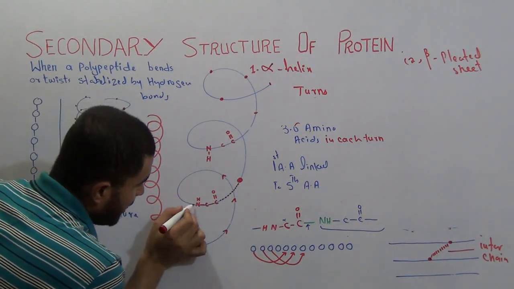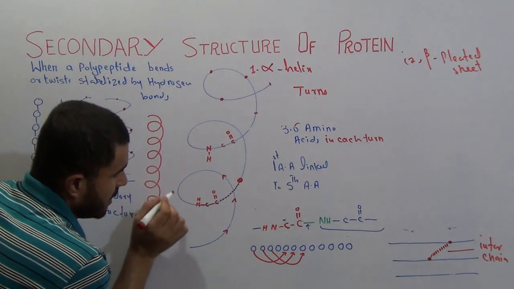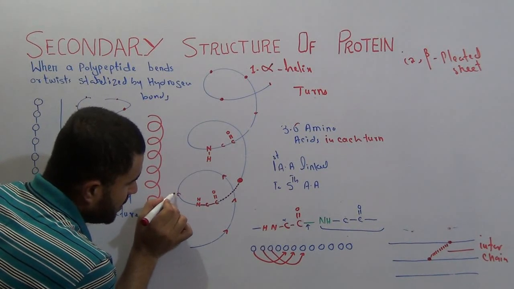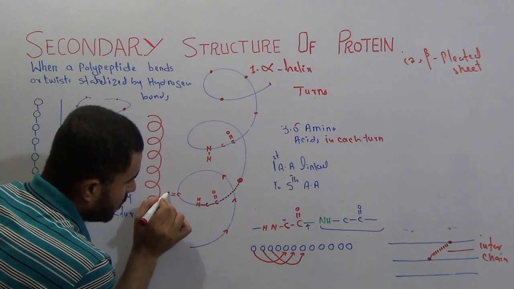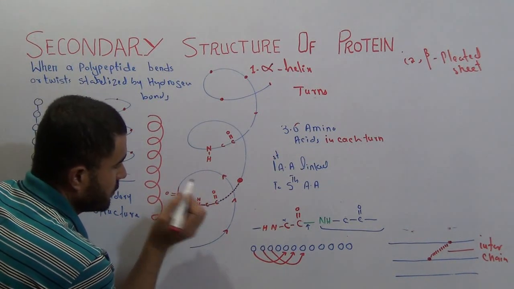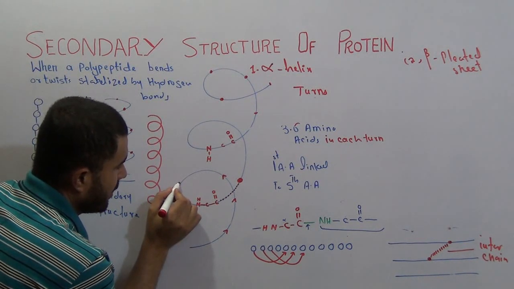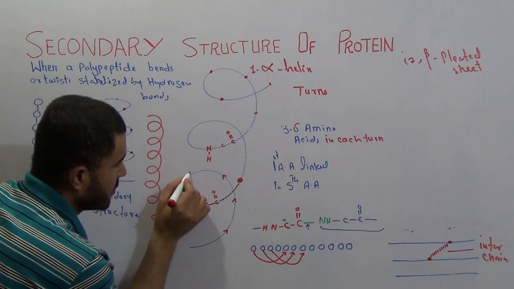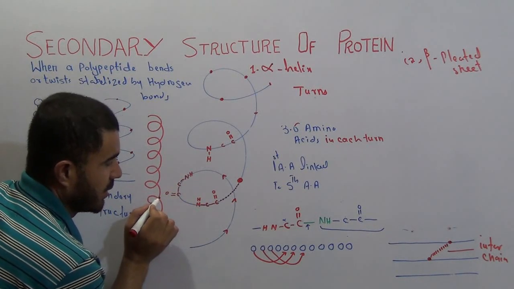Now, if you move on that side, you will see another C double bond O, and of course an alpha carbon, and that alpha carbon linked with the NH group.